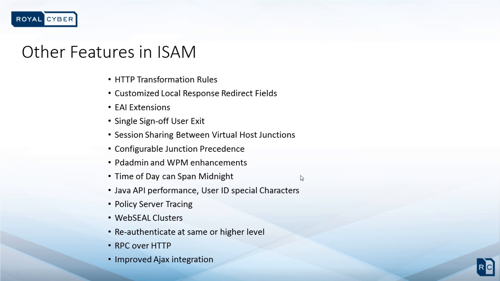Then there is the feature of session sharing between virtual host junctions, configurable junction precedence, pdadmin and WPM enhancement, which gives you a much better and more flexible option to administer ISAM, and policy server tracing to track the behavior and operation of ISAM. You can create WebSEAL clusters also to achieve redundancy across authentication servers, and there is also improved EdgeX integration.